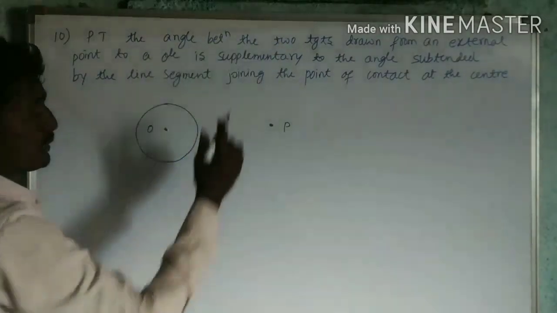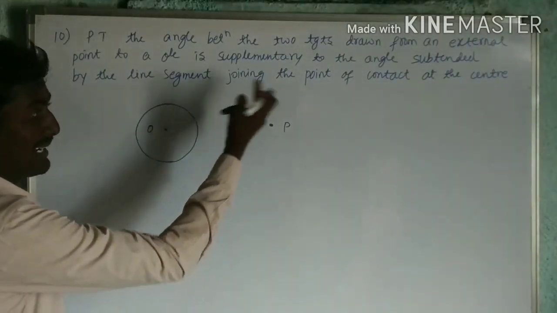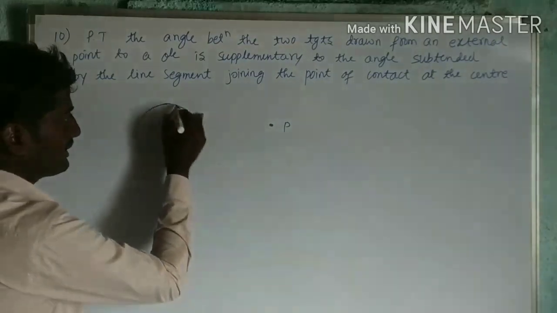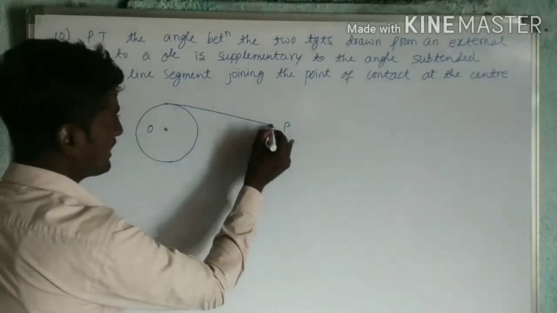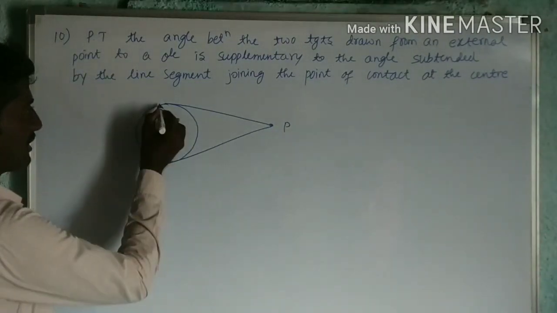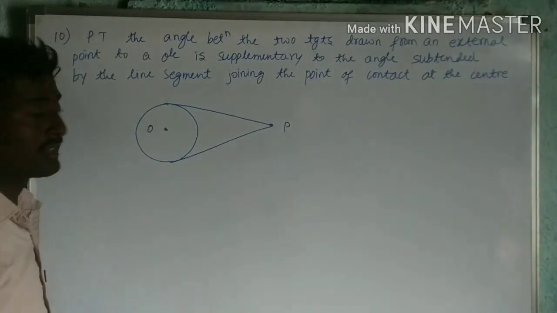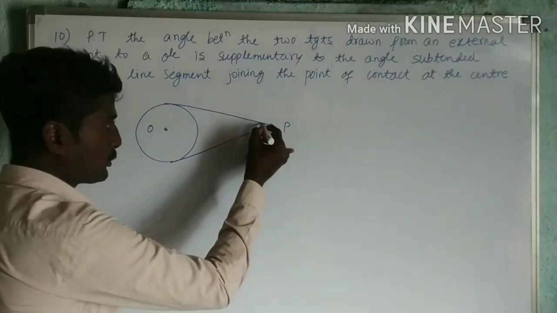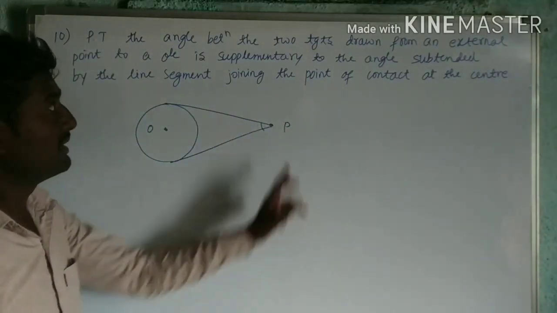The angle between the two tangents drawn from an external point. First you draw the two tangents from external point P. So these are the two tangents drawn from an external point P. So the angle between these two tangents is this. Okay.